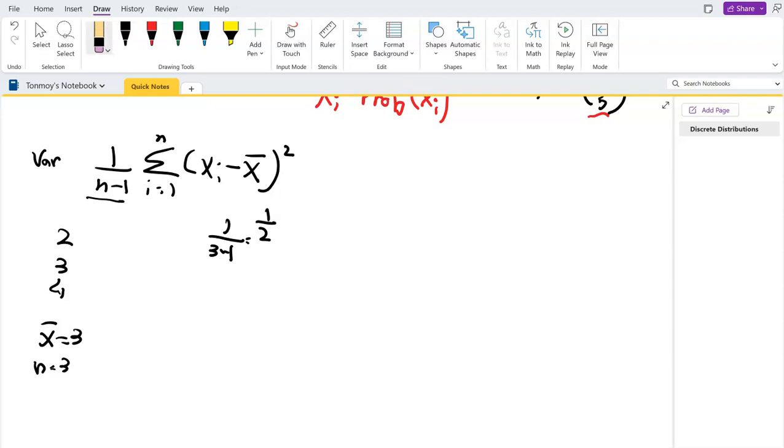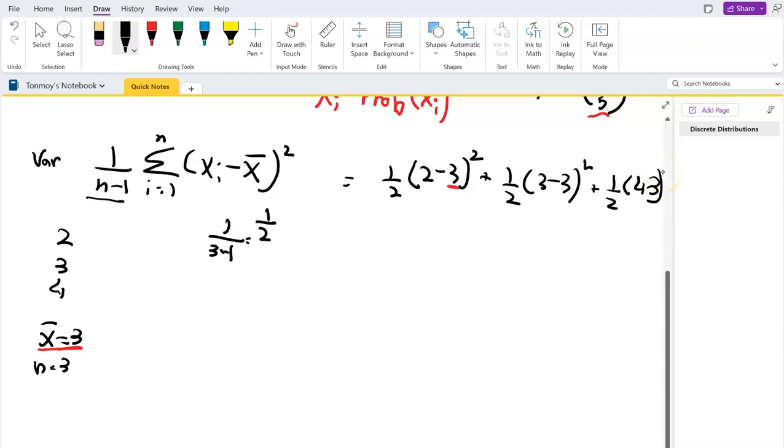That's going to be my weight here. So it will actually look like 1 over 2 times (2 minus 3) squared, where this 3 is the mean from here, plus half (3 minus 3) squared, plus half (4 minus 3) squared.